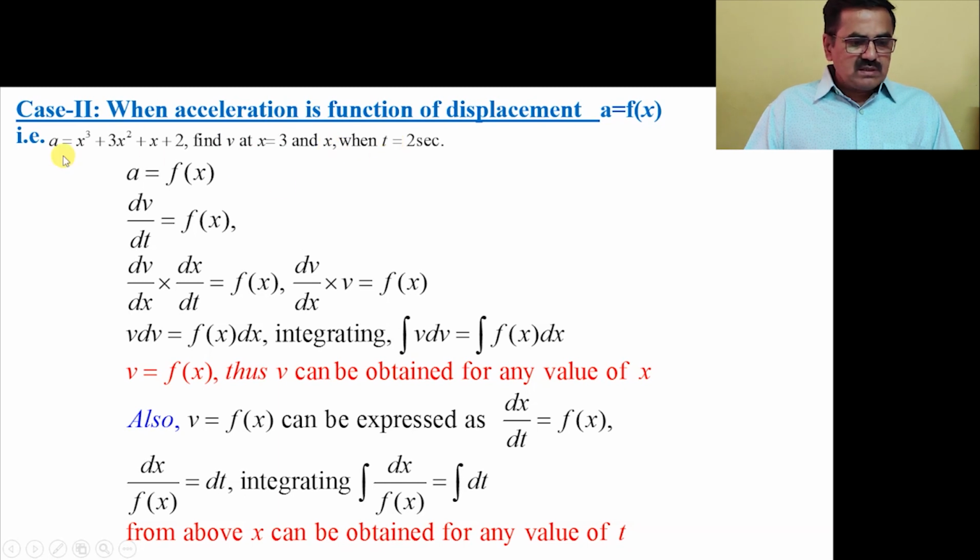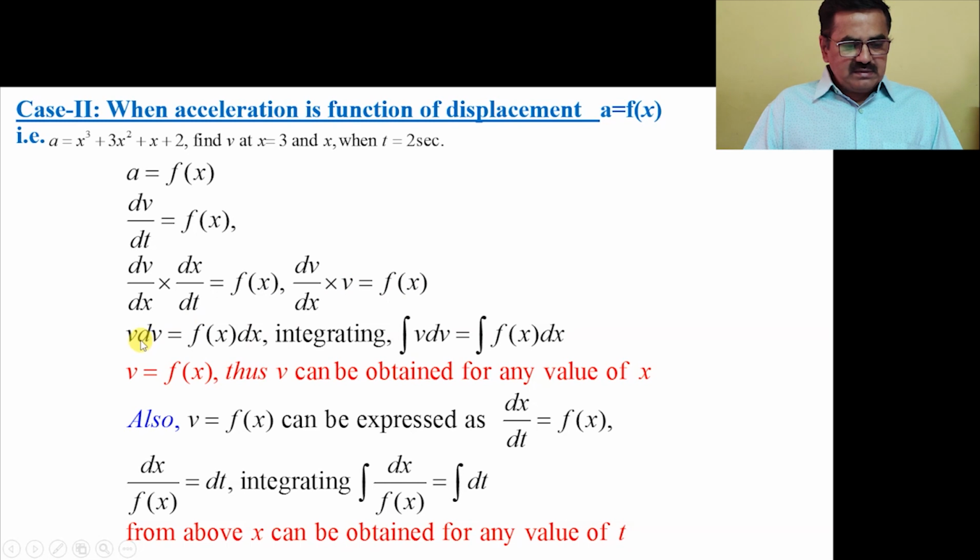So the given equation is a function of x, a is a function of x, but we know a is equal to dv by dt is equal to f of x, and our requirement is an equation in terms of v and x. So using the chain rule, dv by dx into dx by dt is equal to f of x, and here dx by dt is equal to velocity, and hence dv by dx into v is equal to f of x.